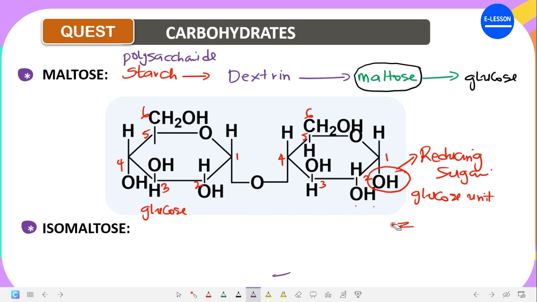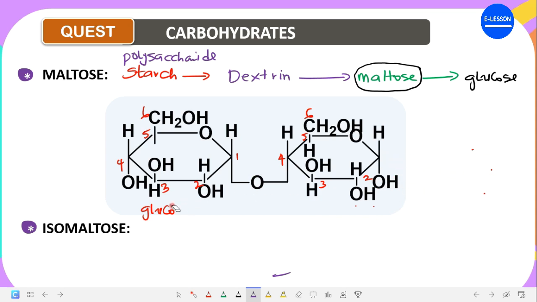Now, the next thing is isomaltose. Let's look at isomaltose. What is the difference between isomaltose and maltose? It's very easy. The difference is the linkage. For maltose, the linkage is alpha 1,4 glycosidic linkage.